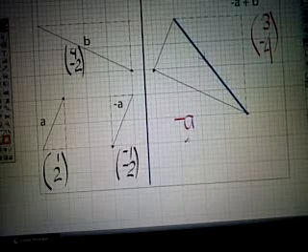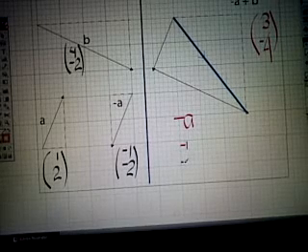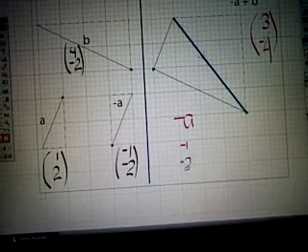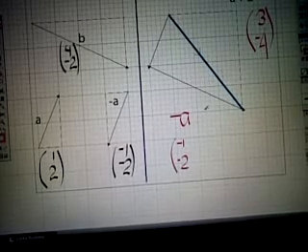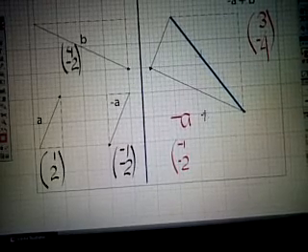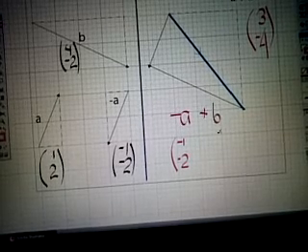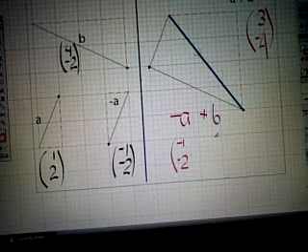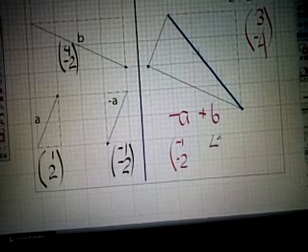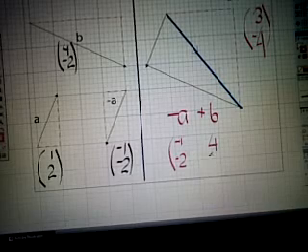Negative A is negative 1, negative 2. Plus B, which is 4, negative 2.